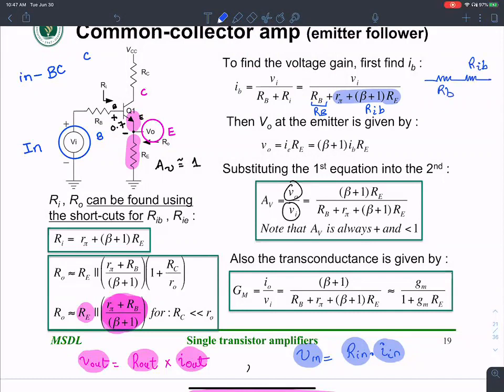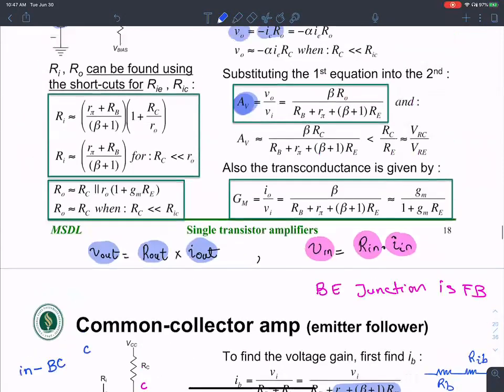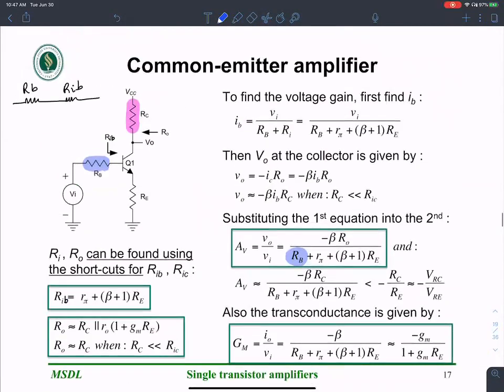This is exactly what we did earlier. Let's go back to common emitter. Look what I have here. There is this RB in series with RIB. When the input is on the base, the input voltage is going to be the exact same thing, RB plus RIB plus beta plus 1 times RE, all of that multiplied by IB.